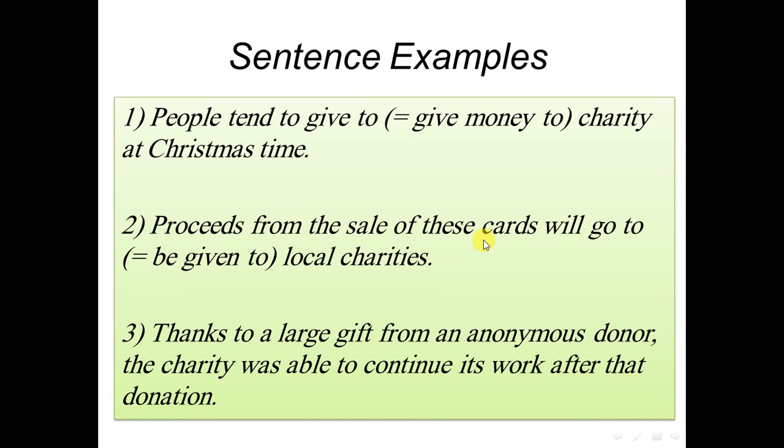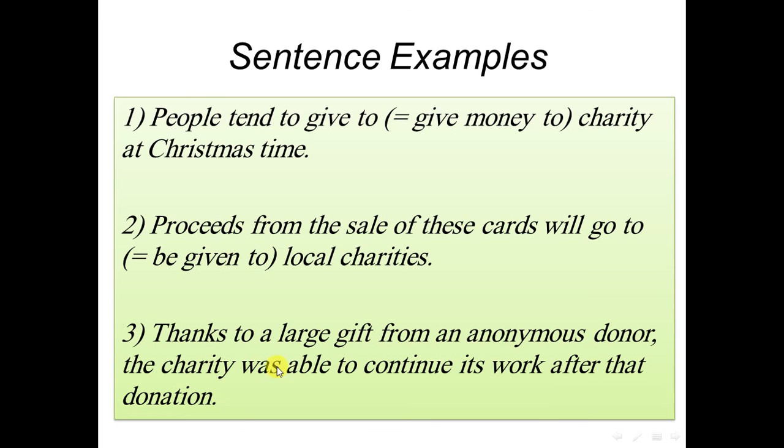When they sell these cards, like cards of a concert, or any other things that may be created in the city, the money from the sale of the cards will be used in the local charities. They collect money in the local charities, and then they use the money to buy food, to buy clothes, and to buy any other things that people need in the country.